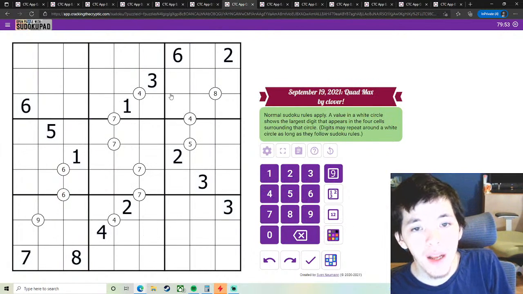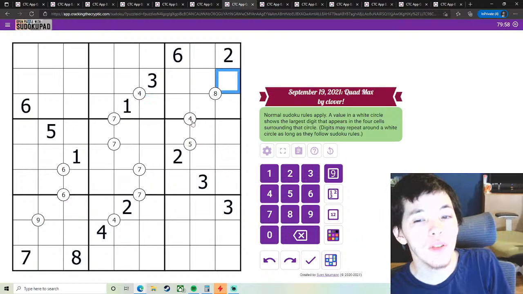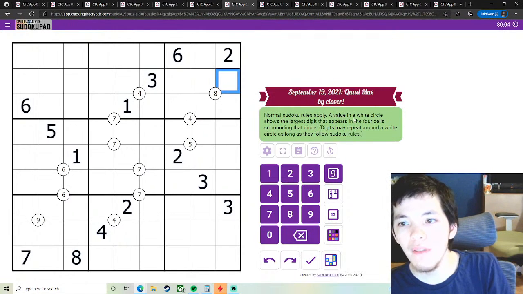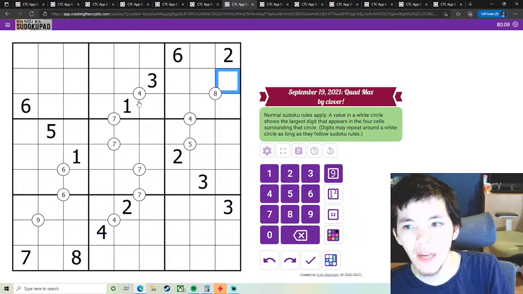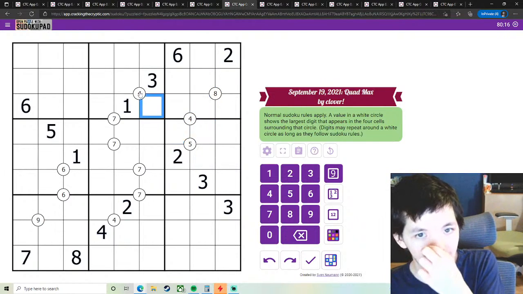So here we've got a different rule that has these circles. These circles are somewhat common as well. It's starting to approach the less common zone. So the rule is that a value inside of a white circle shows the largest digit that appears in the 4 cells surrounding that circle. In other words, this circle has a digit 4.